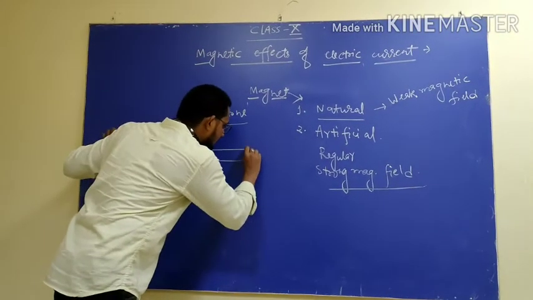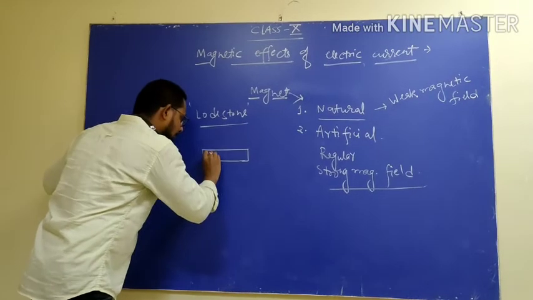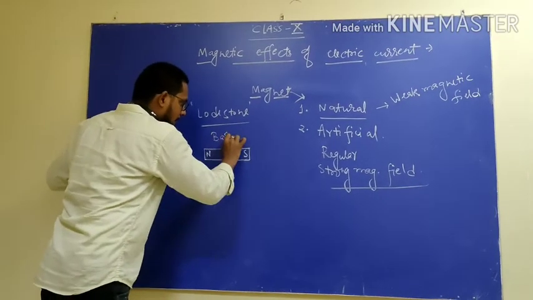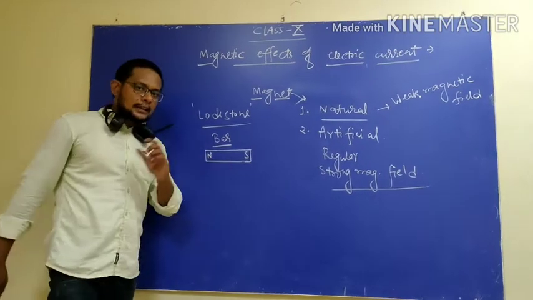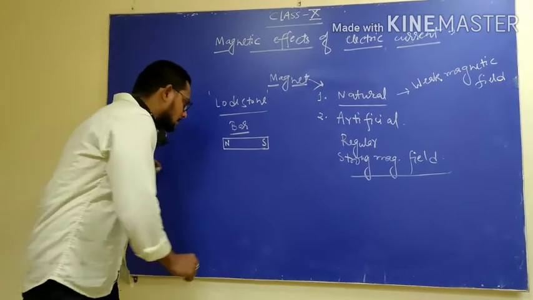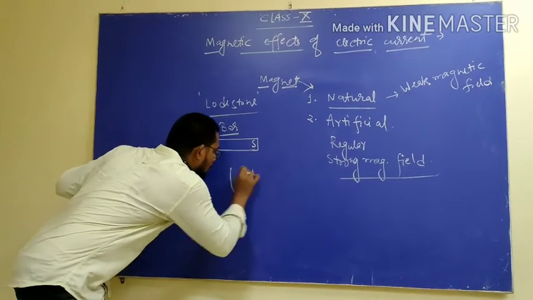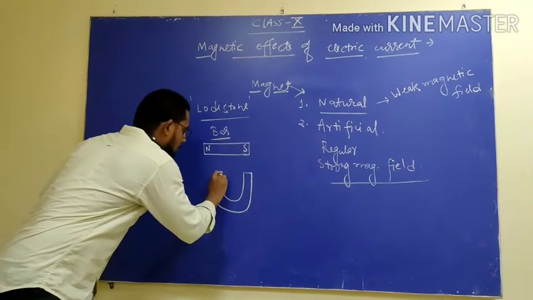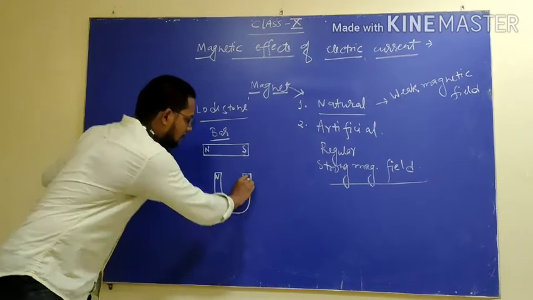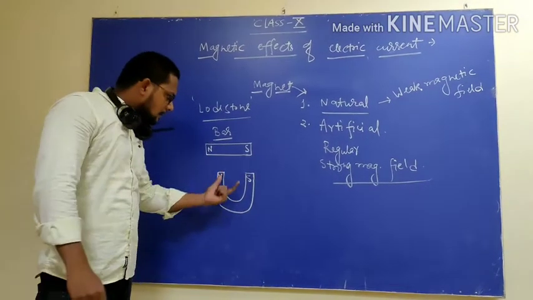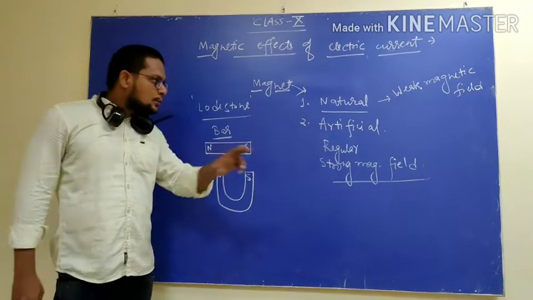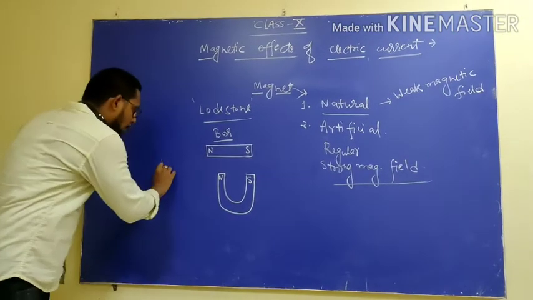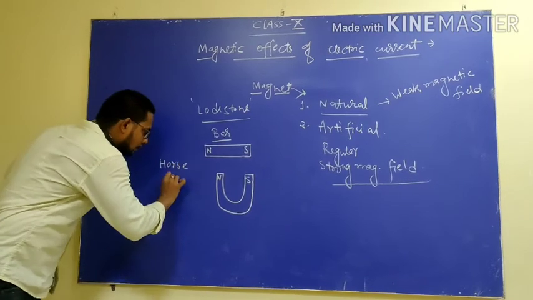Some artificial magnets: this is a bar magnet. Commonly used artificial magnets are the bar magnet and the horseshoe magnet.